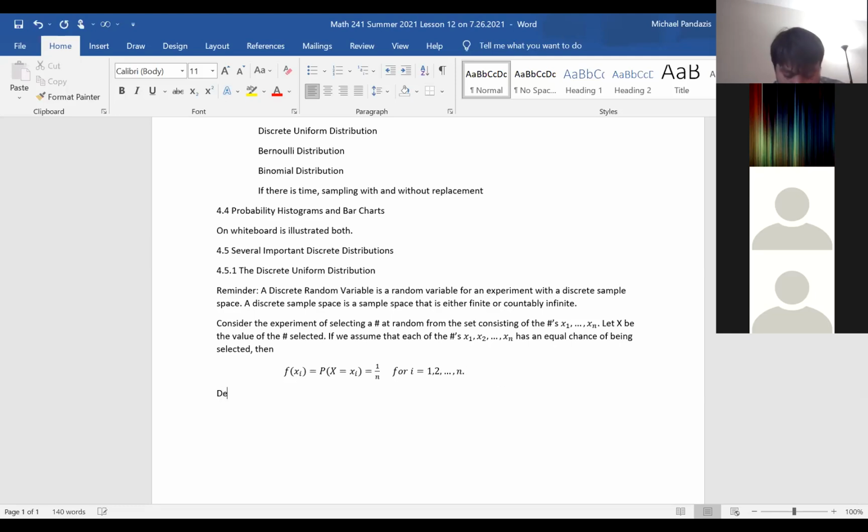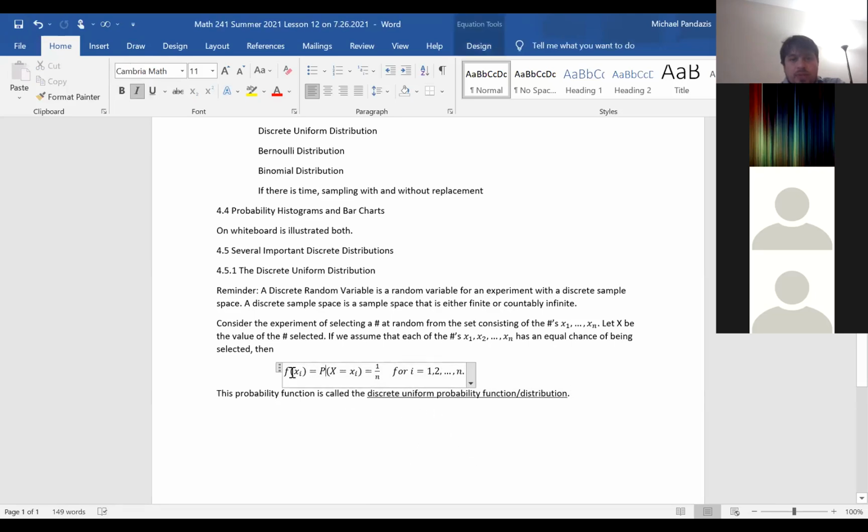Okay. So this probability function is called the discrete uniform probability function or distribution.